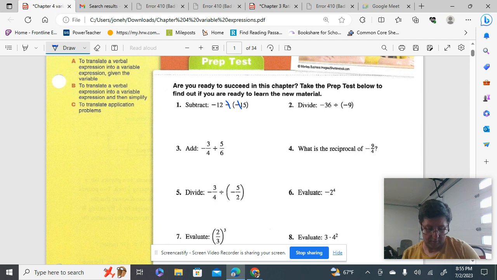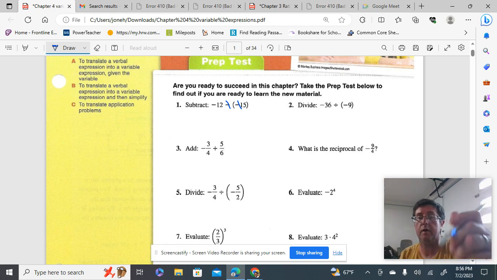Just do negative 12 minus negative 15 equals 15.12. That shouldn't be correct. What did I mess up on? Oh, whoops, I put 0.12. Oh, I know what I did. I hit point instead of negative. Negative 12 minus negative 15 equals positive 3.